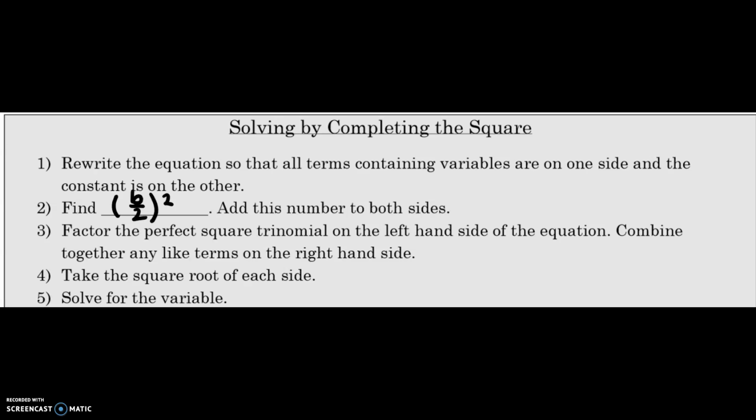Next, you'll find that we have a perfect square trinomial, so we are going to factor the left-hand side of the equation. On the right side, we're going to combine any like terms. After factoring, we are going to take the square root of each side, and then we will solve for the variable. So let's do an example together.